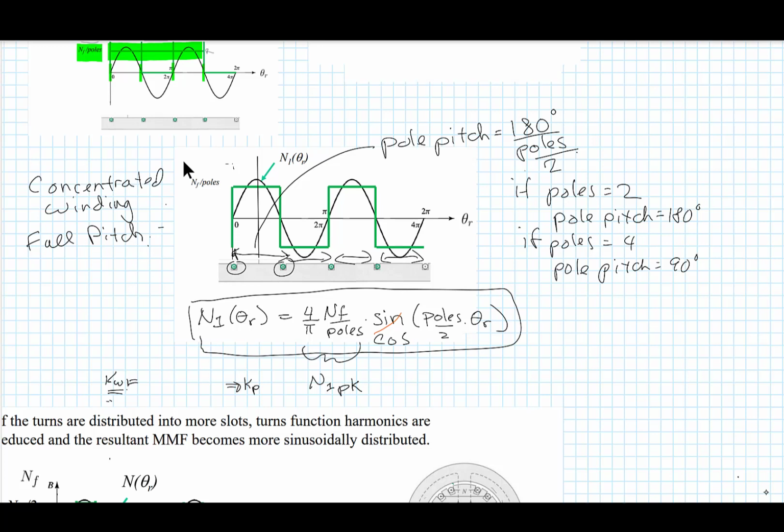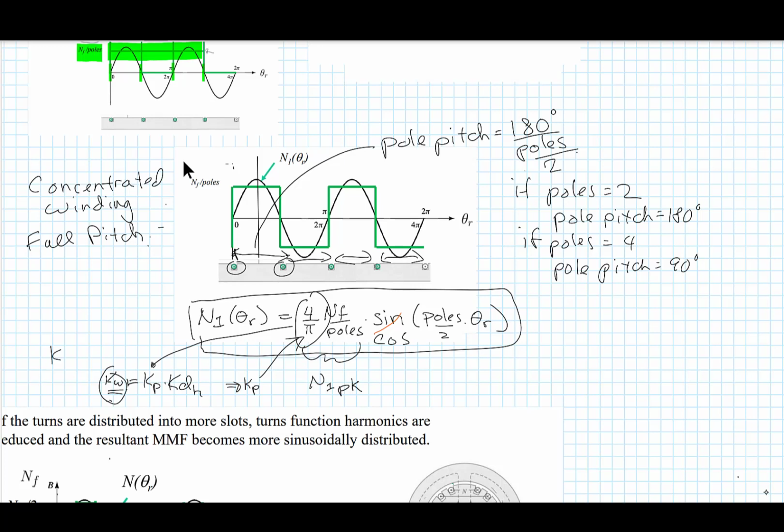So a full pitch winding would have a pitch factor Kp equal to 4 over pi, assuming the concentrated winding as a starting point, and then we would modify the total, what we call winding factor, by multiplying this pitch factor, which is the 4 over pi, times a distribution factor associated with the particular winding and its harmonics.